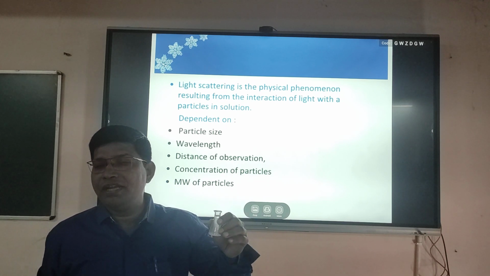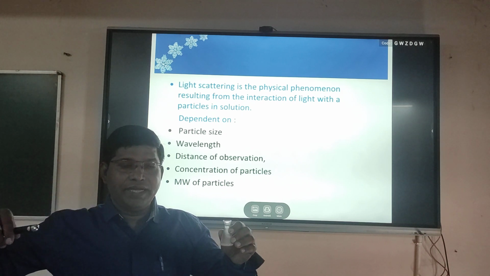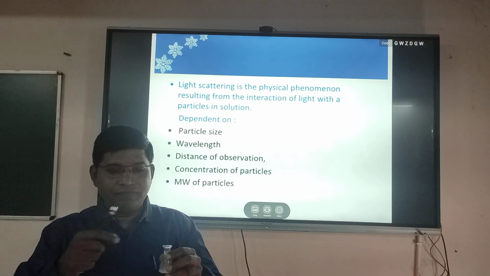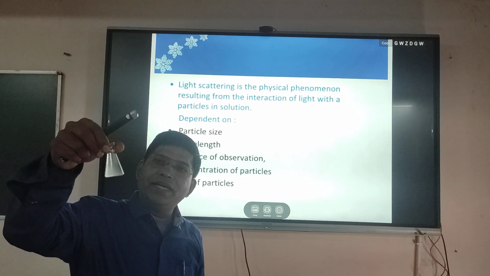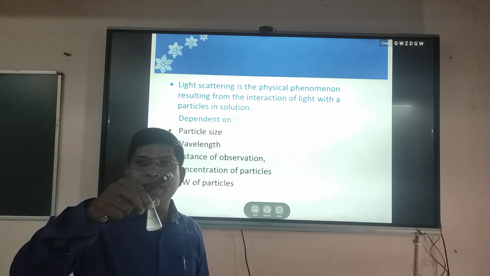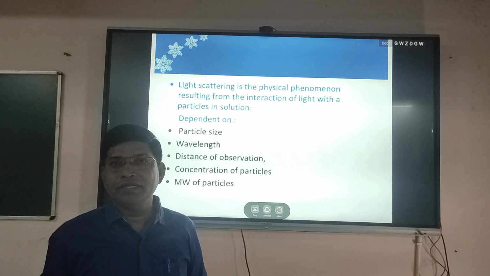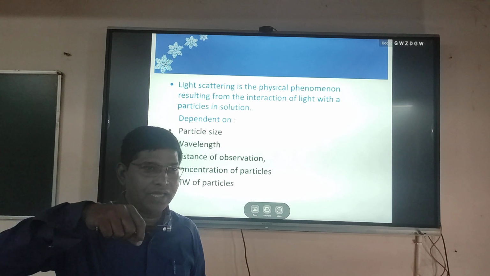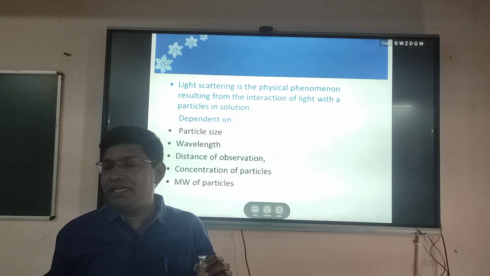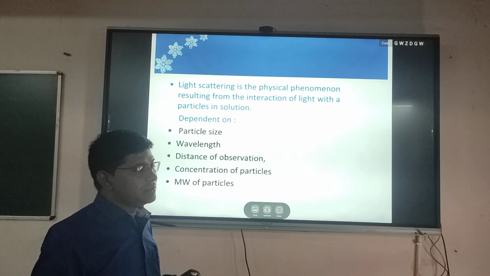We can also determine barium from a sample solution by putting concentrated H2SO4. Then barium will precipitate as barium sulfate, a suspended solution, and I can determine barium or sulfate. Suppose sulfate is present in drinking water; I will add barium, and it will be precipitated again. Then I can determine sulfate from the sample solution.